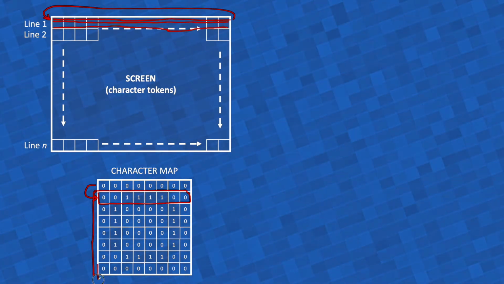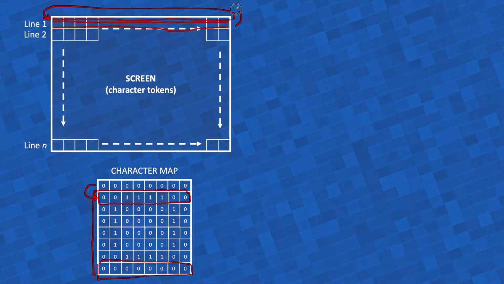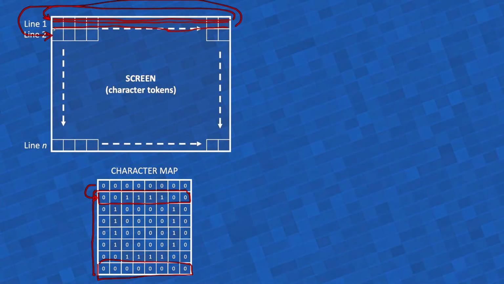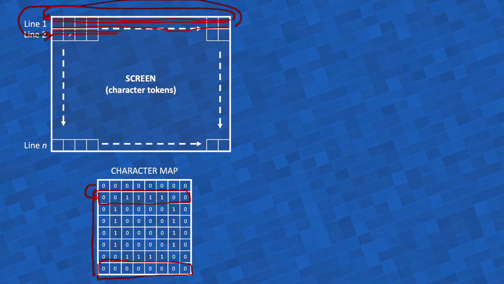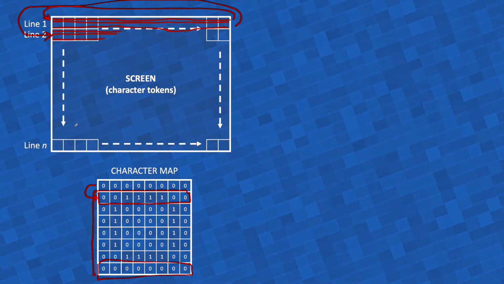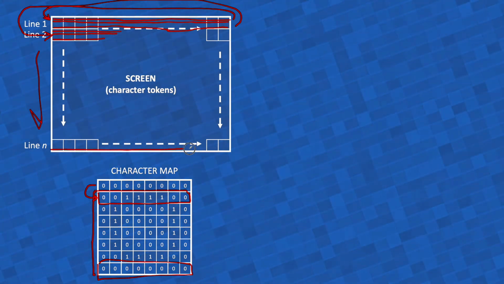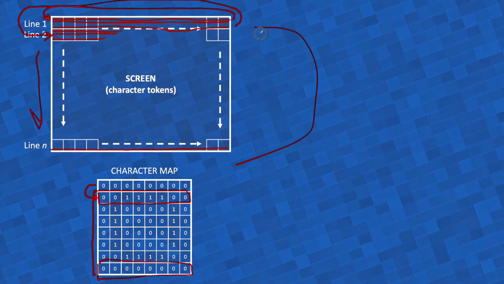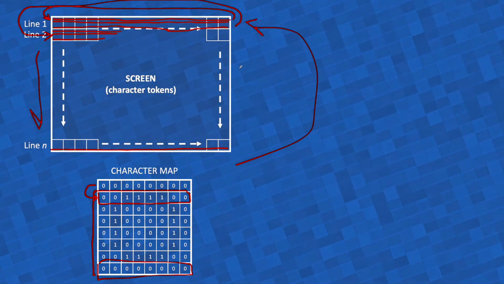In other words, until it writes this final byte here. Only then can it wrap around again, and this time go to the second line, where it will write first the first byte, then the second byte, and so on until the last byte, all the way down until it writes the very last byte of the characters in the last token line. Then it goes back to the beginning and writes the next frame. That's basically what it does.